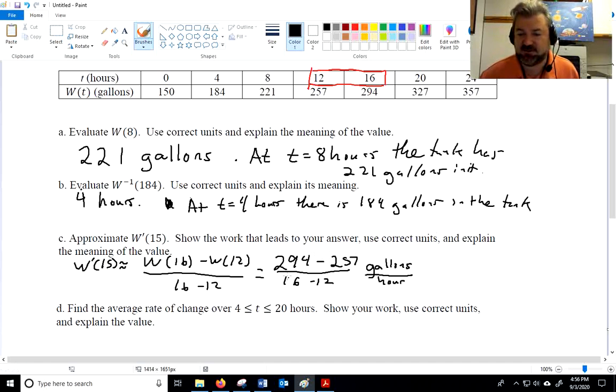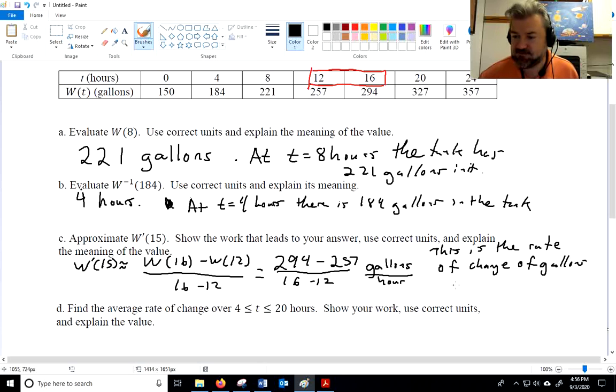Now, we do need to explain the meaning. So I'll just say, this is the rate of change of gallons at, what is it, 15 hours. This is the rate of change of the gallons at 15 hours.